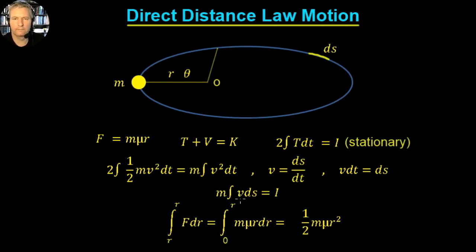Now one part of the v we can find from the kinetic energy, which is half mv squared, but the potential energy this time is slightly different. The potential energy this time is going to have limits from 0 to r.